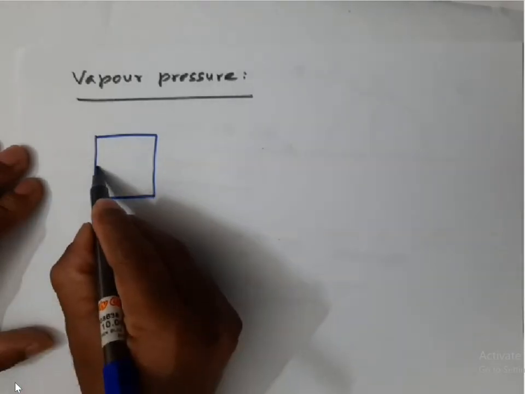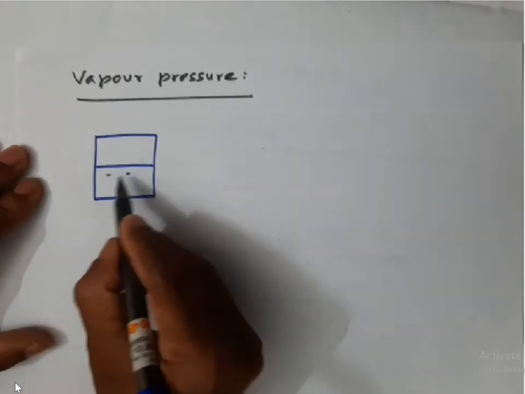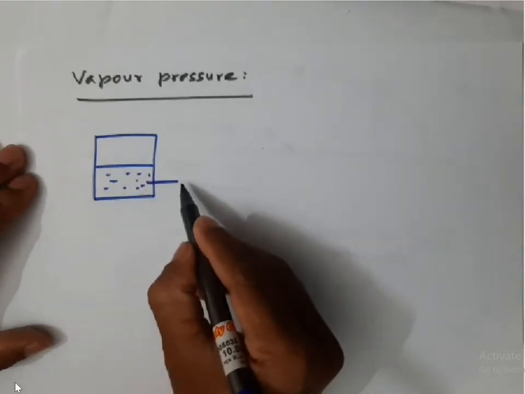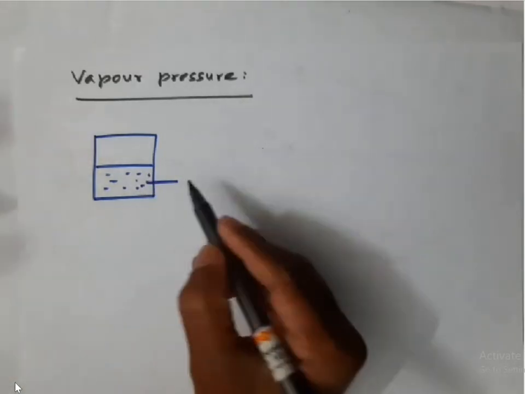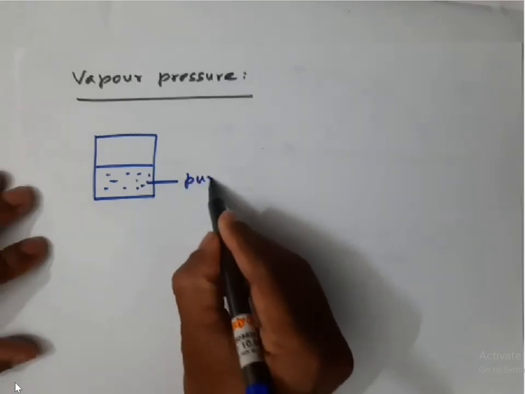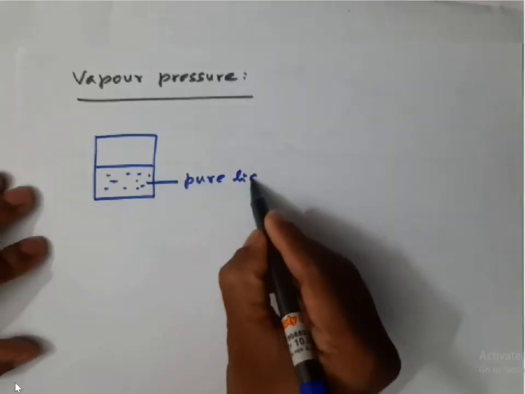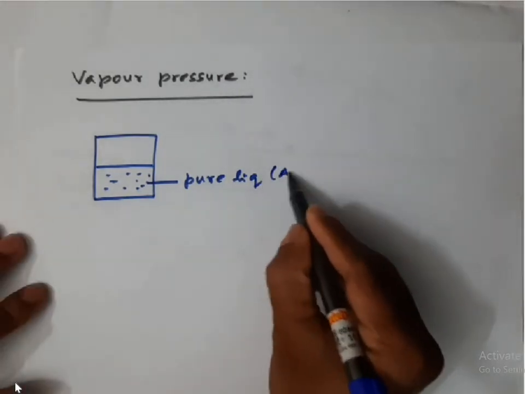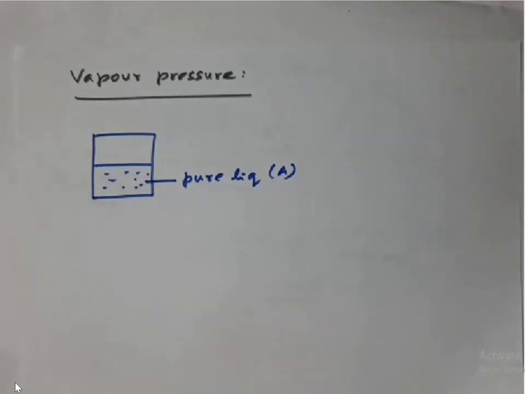Observe this carefully. It's a closed container in which I have a pure liquid. It's not a mixture. Say it is pure water or pure ethanol. So I am taking some pure liquid, say for example liquid A.